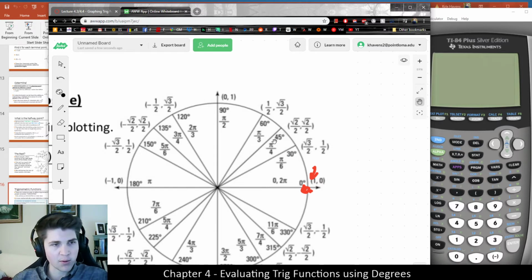Degree measurements are way easier to remember because most people are familiar with the right angle being 90, the halfway angle being 45, and 30 being a third of the way to 90. Degrees are so useful because it's easier to understand the relationship between them, whereas the pi's, if fractions are not your favorite thing, are a little harder to understand. But notice that exactly 1/3 of pi over 2 is pi over 6. Not coincidentally, a third of 90 is 30.